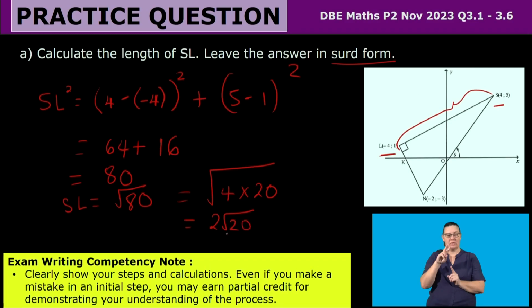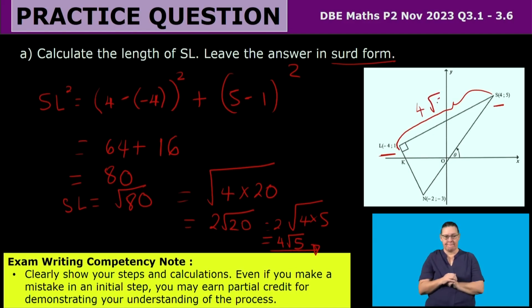Can we go any further with that? 20 is 4 times 5. We could have actually gone with 16 here, that would have been the best one to do, but we can go further. So this will be 2 times the root of 4 times 5. Square root of 4 is 2, so it'll be 4 root 5. Okay, and we'll just leave that in surd form. So we've worked out that this is 4 root 5.